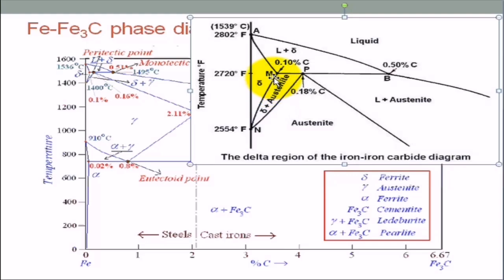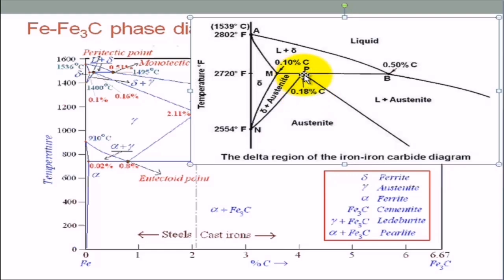The other portion, from M to P, as you can see the horizontal line M and P, represents the beginning of this crystal structure change by means of the peritectic reaction for alloys between 0.1 weight percentage of carbon and 0.18 weight percentage of carbon.